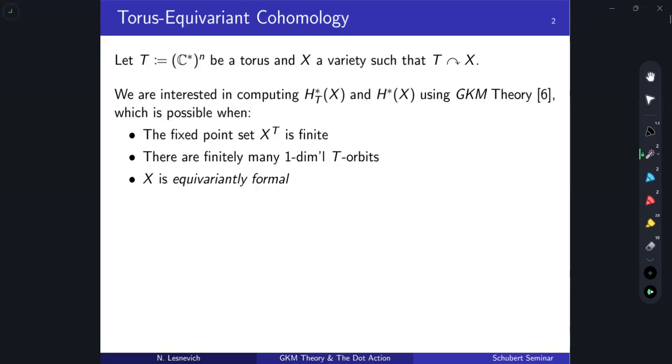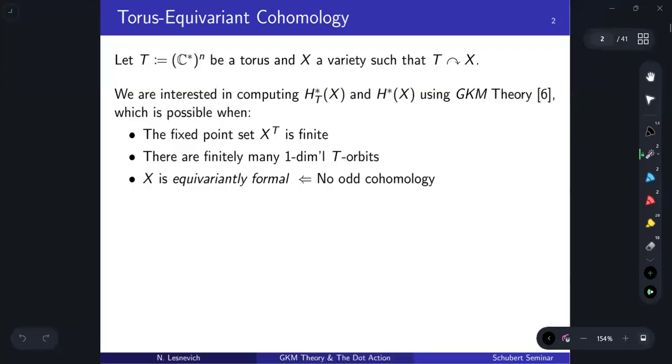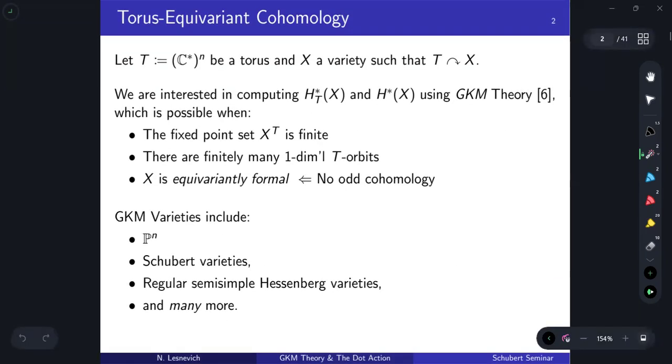For our purposes, it is good enough to say that X doesn't have any odd cohomology, which in a lot of cases we get for free from things already known to have only even cohomology. This includes projective space, Schubert varieties, regular semisimple Hessenberg varieties, flag varieties, a ton of different stuff, many, many more.